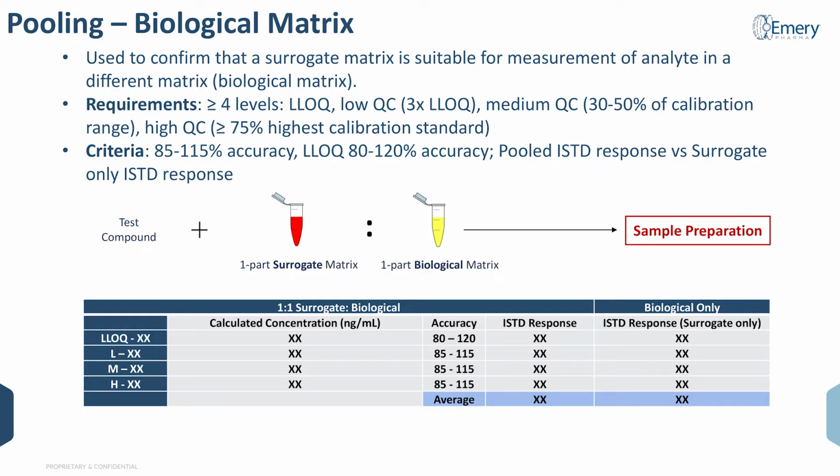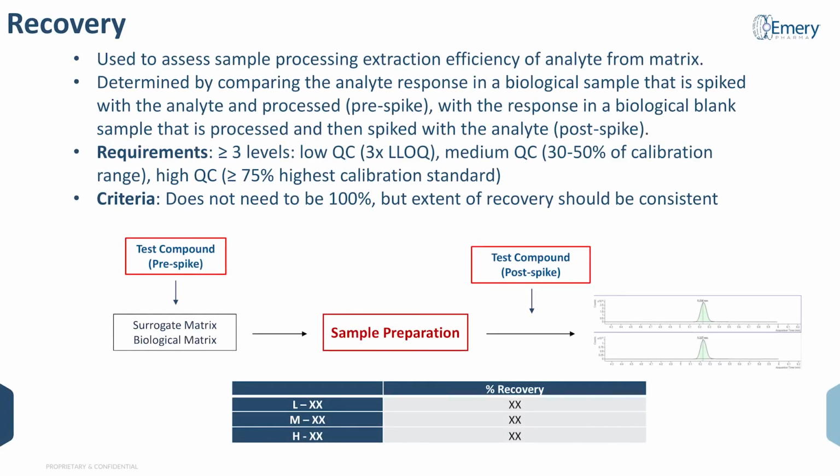What this allows us to do again is to see if there's any sort of matrix enhancement or suppression as a result of the new surrogate matrix being introduced in the presence of the biological. In doing this and parallelism, you gain the confidence that you need that using this surrogate matrix is going to be appropriate for method validation.